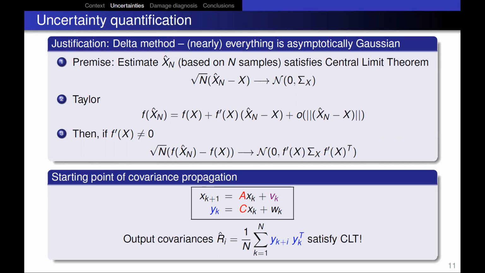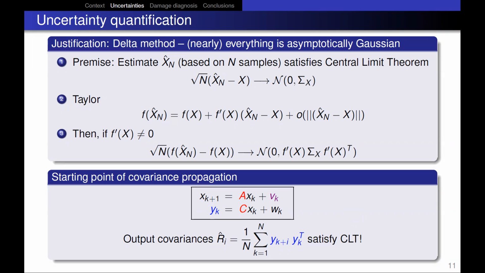And the second one is that the covariance of the function is exactly the derivative of the function times the covariance of the initial variable times the derivative transpose. That is due to the fact that we always have a factor of square root of n around here, where n is the data length, so as our data length goes to infinity, all those asymptotics hold. And with the square root of n, the error term in the Taylor expansion gets smaller and smaller and disappears. So everything is still Gaussian.